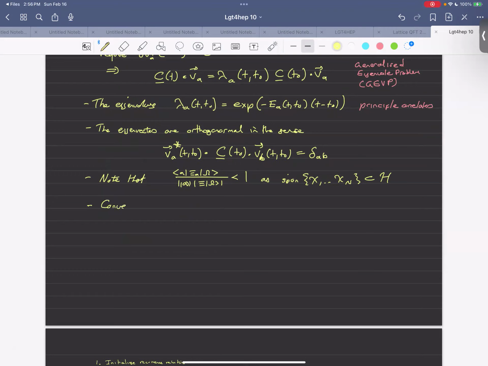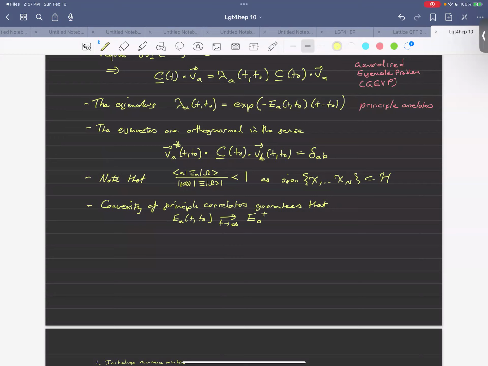And convexity, so the fact that the matrix we started from was Hermitian, guarantees the principal correlators approach the ground state from above.